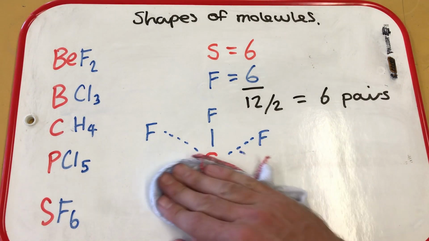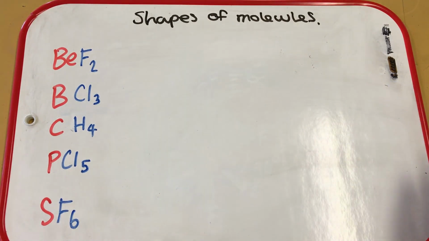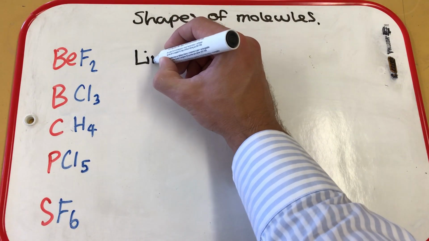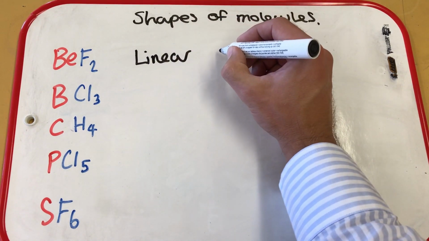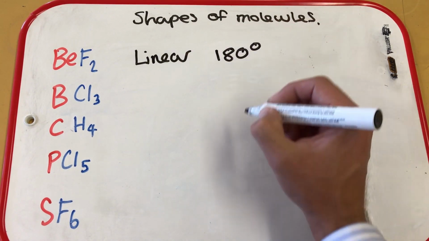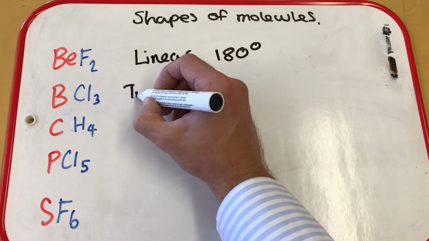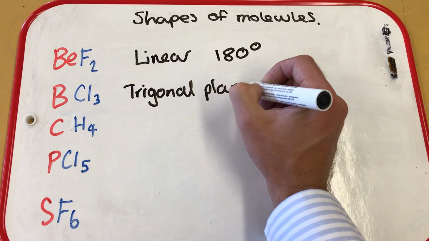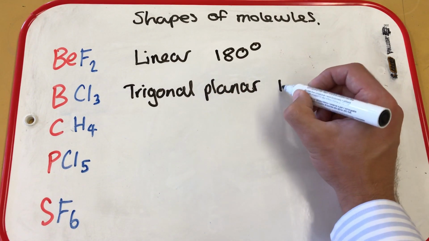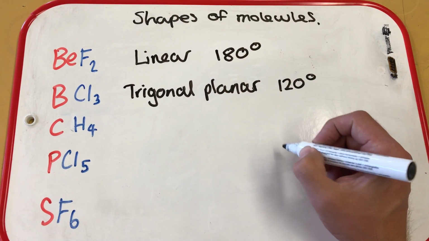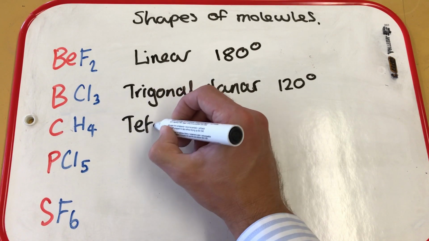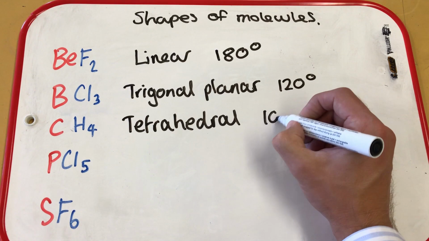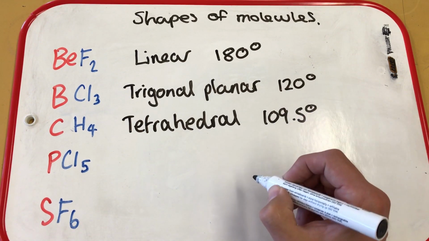So just to recap, our first example is linear with 180-degree bond angles. This is trigonal planar with 120-degree bond angles. Tetrahedral with 109.5-degree bond angles.